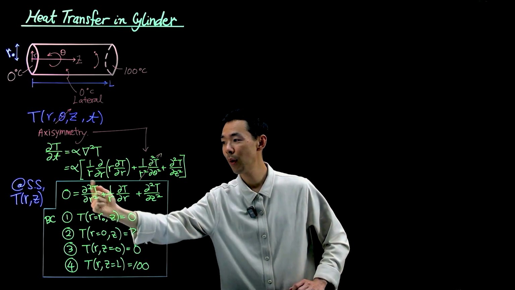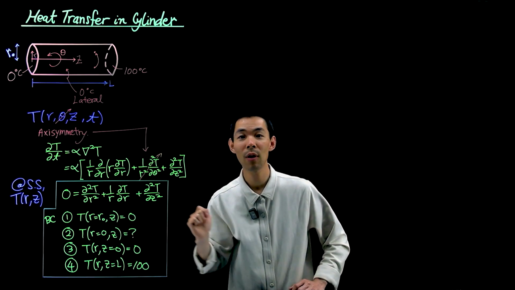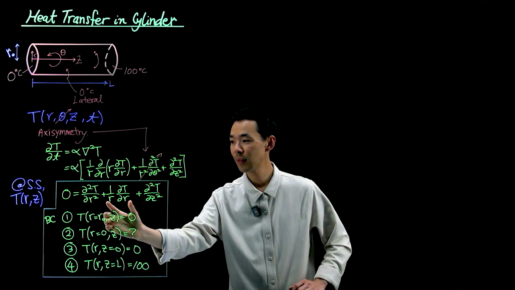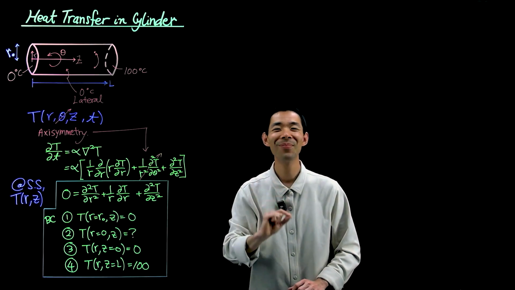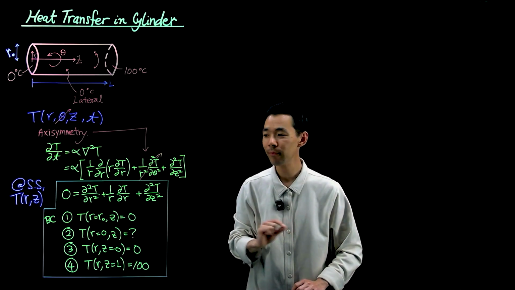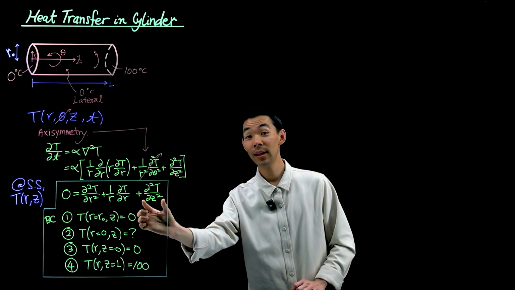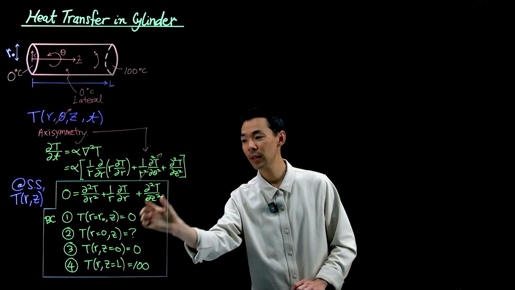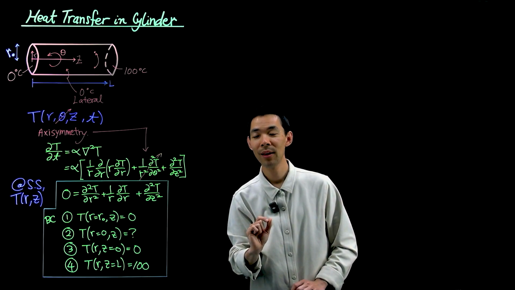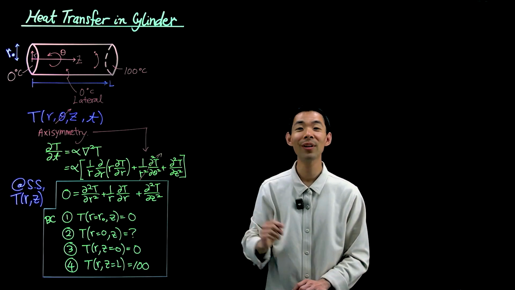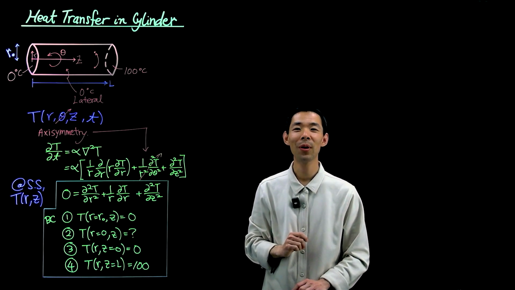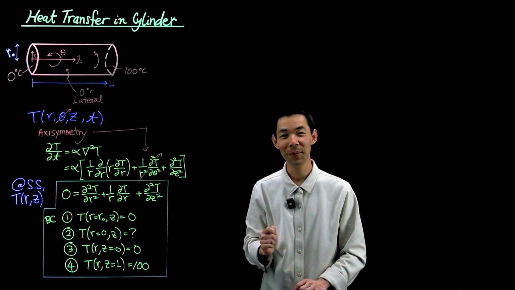You just get partial squared T, partial r squared. The second term is the other part of the product rule. And lastly, the z derivative just comes straight down. So this is the steady state temperature governing equation for the heat transfer.